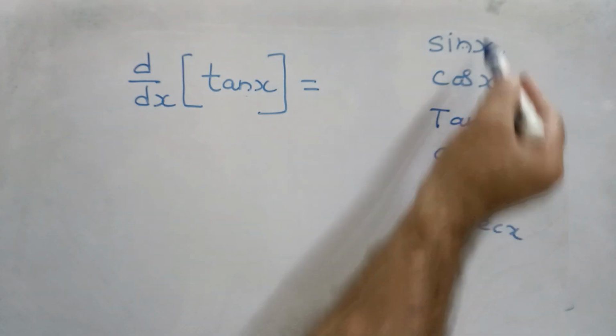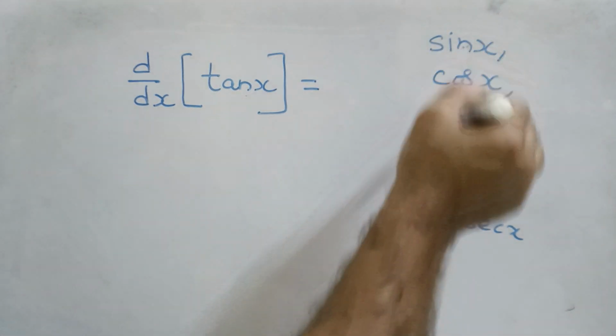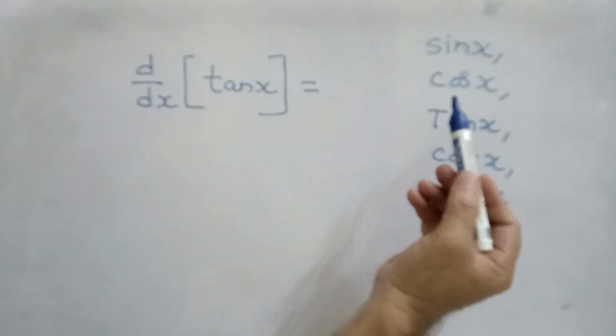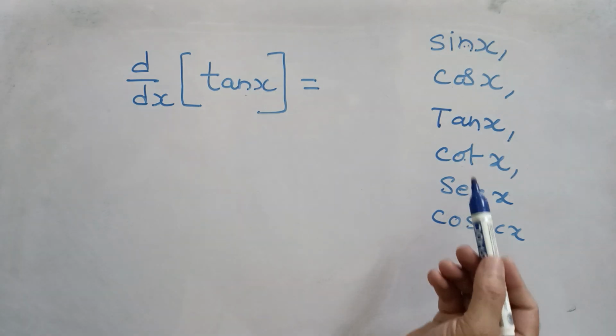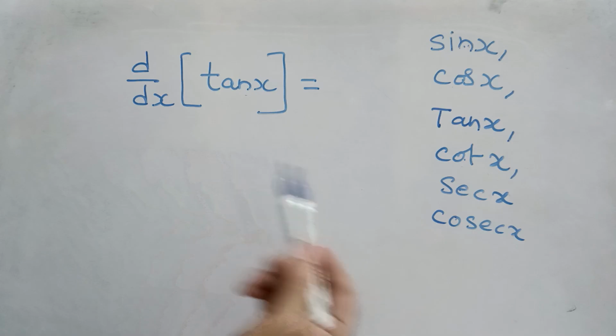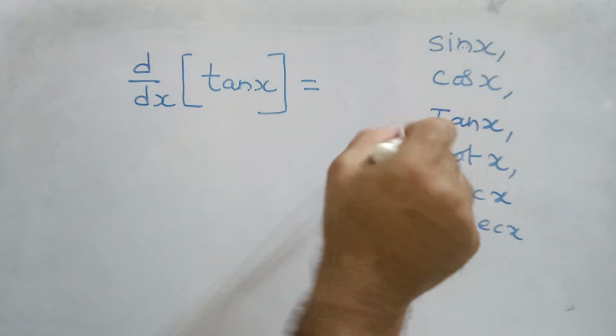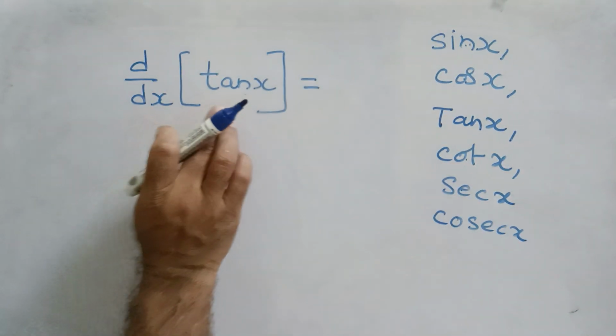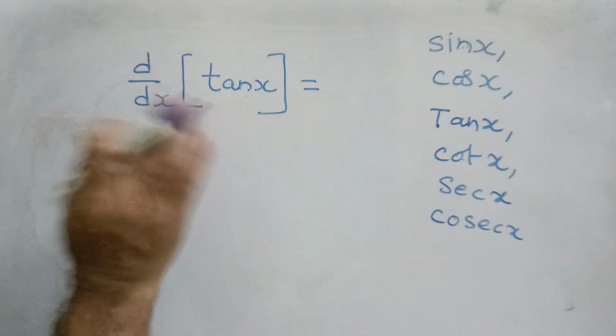These six functions are called the trigonometric functions: sin x, cos x, tan x, cot x, secant x, and cosecant x. I will explain the definitions of all these in detail while discussing the trigonometry chapter. For the time being, just remember whatever I am discussing now.